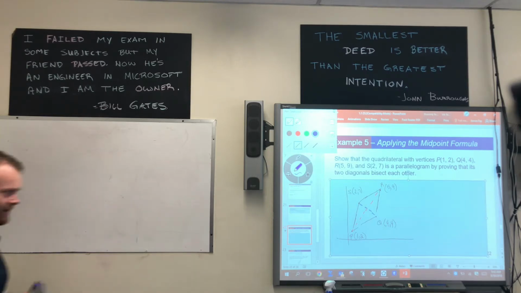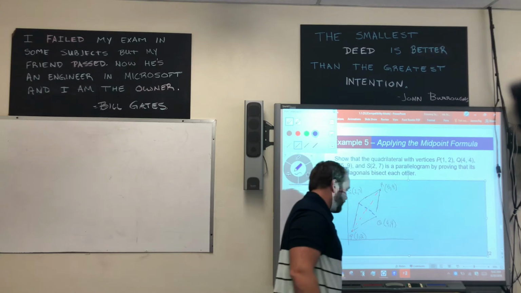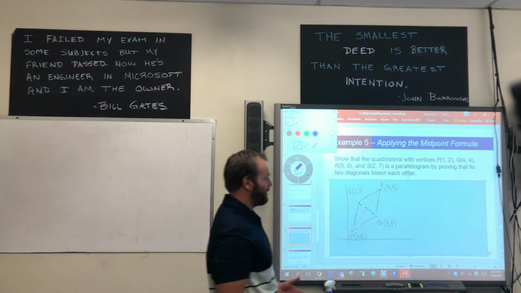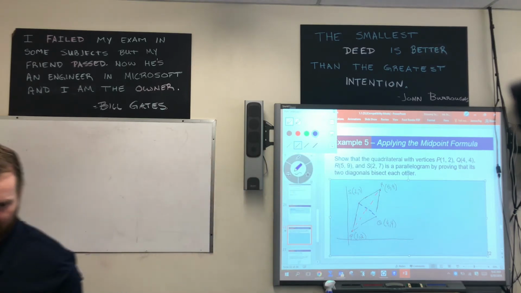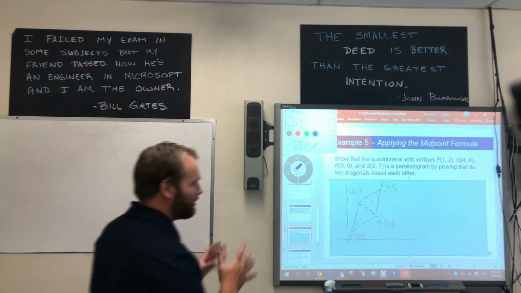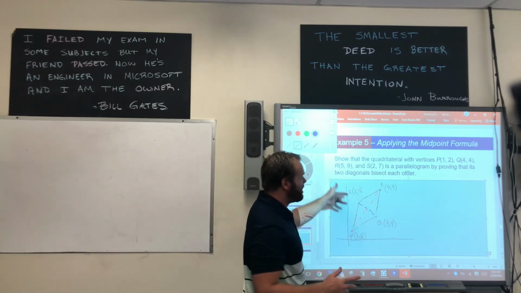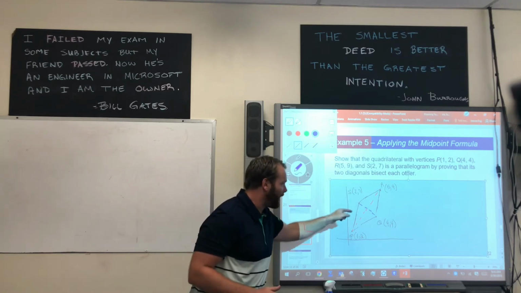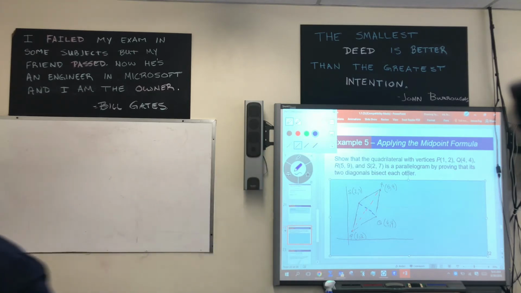Okay, so let's logically think about how we're going to do this in the most efficient way. Did you guys know slope and that kind of stuff? You could use slope to get yourself there in regards to determining, yes, this is a parallelogram or not. But they dictate that we want to do it by using a diagonal.